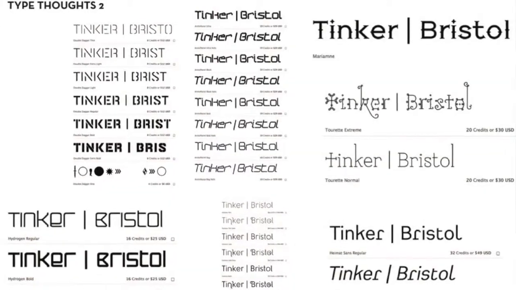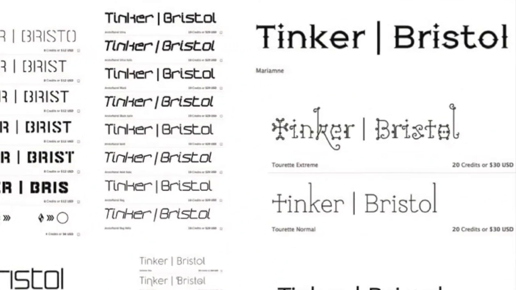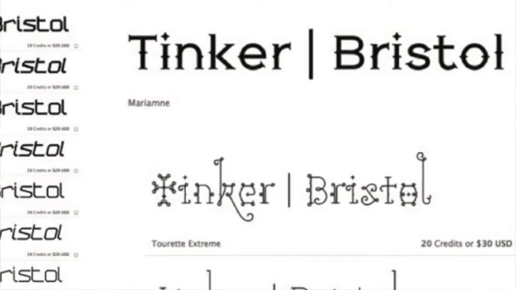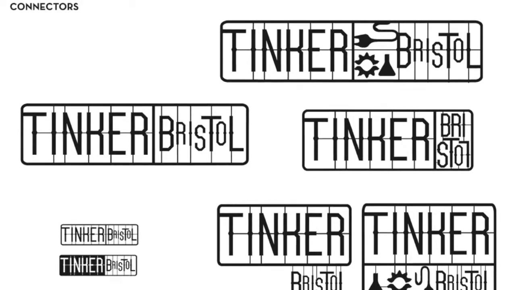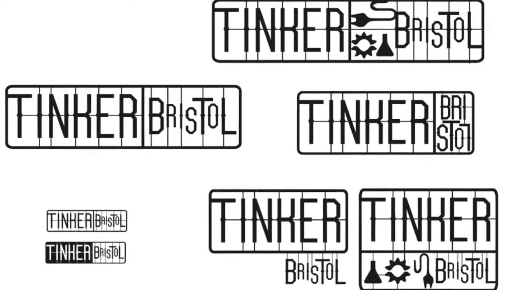But a good design is going to be something that is really thoughtful holistically through the typography as well. So Type Thoughts 2 is examples of some type that I found that had the little pieces, the little edges to them that kind of reminded me of that plastic. So here are some examples of these in process, right?